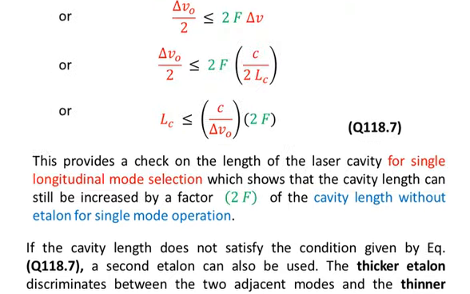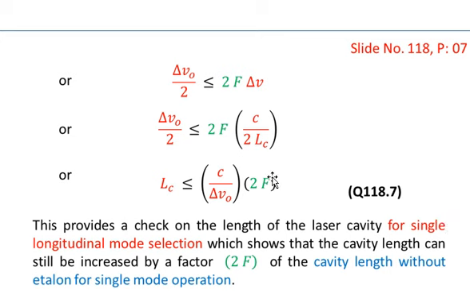So let me summarize. If 2f is not present, then LC is less than or equal to C over 2 delta nu naught is the condition to select a single mode without using an Etalon, but with a limited size of the cavity. But if you are using a single Etalon, you should multiply the right hand side by 2f, where f is the fineness of the Etalon.